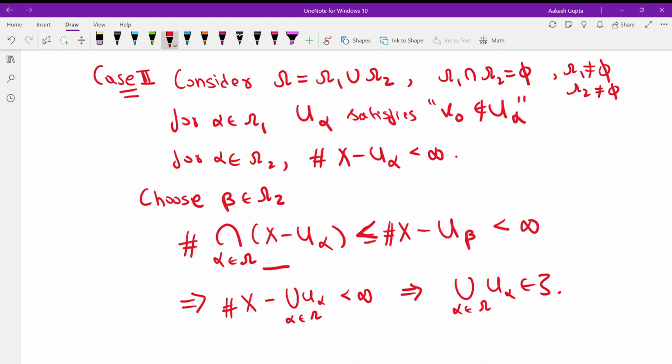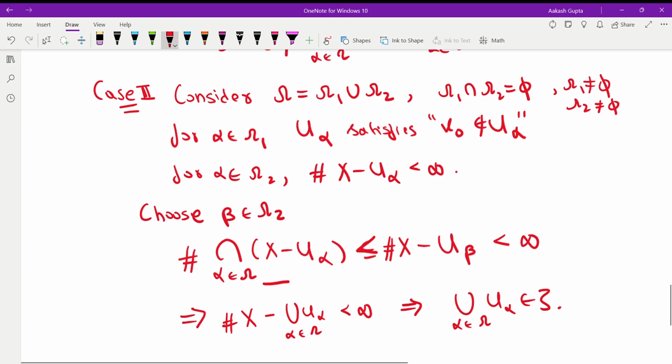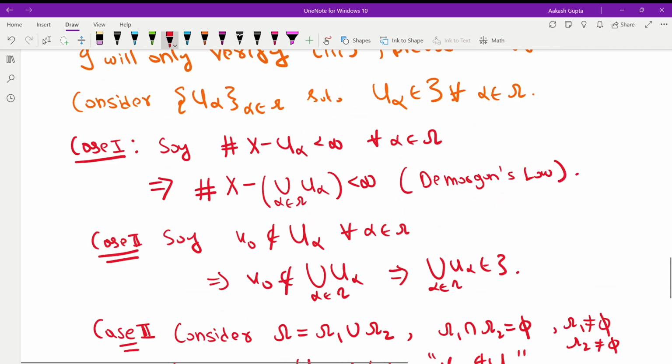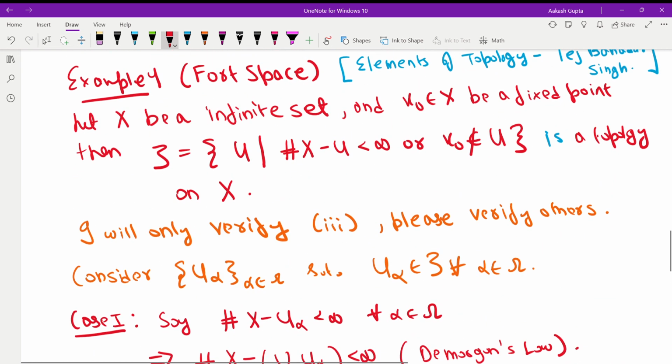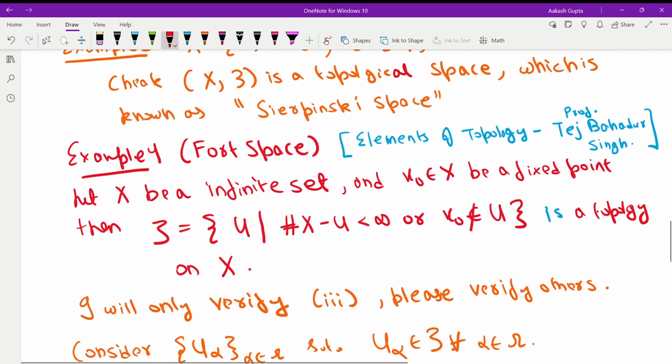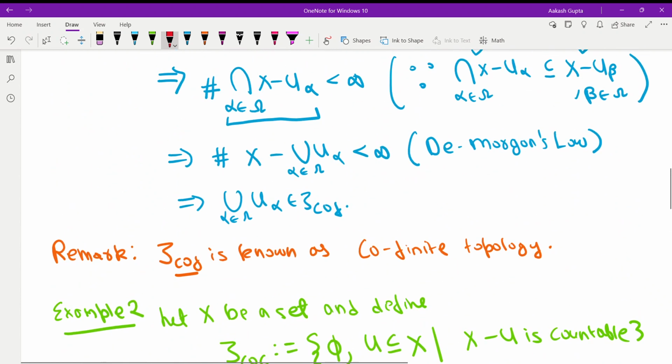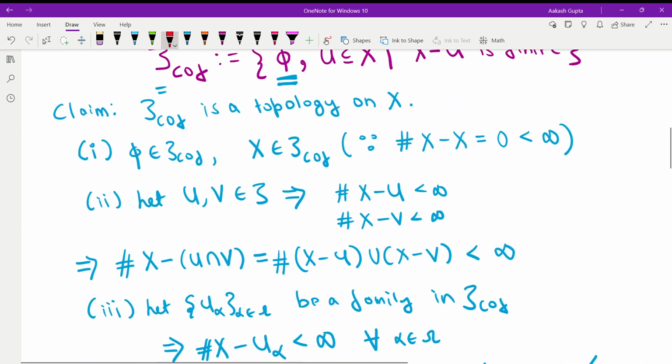Why have I chosen case 3? I just wanted you guys to learn how to write a few things. Like you can all think about this, but when it comes to writing, we have to be precise. So that's why I have done this third property, and the others, that it is closed under finite intersection and that phi and x are there, you can show.